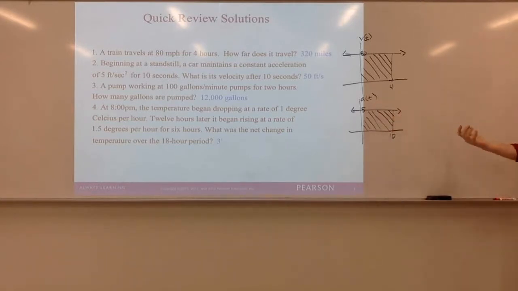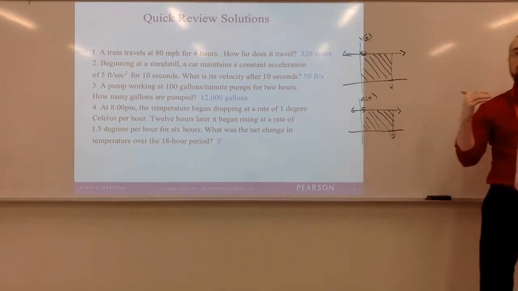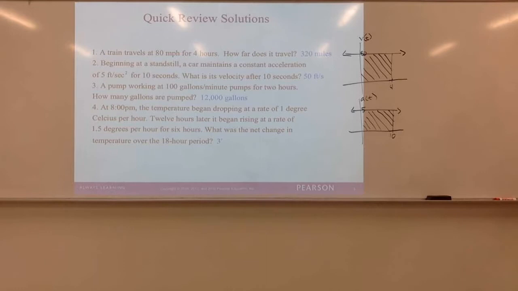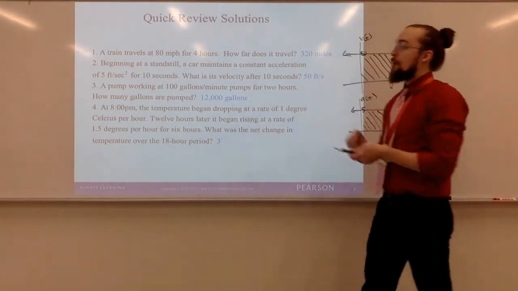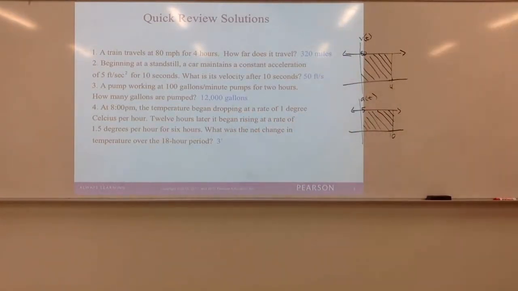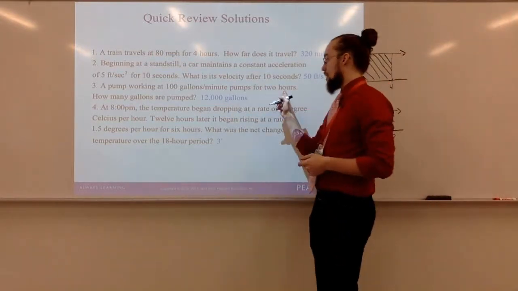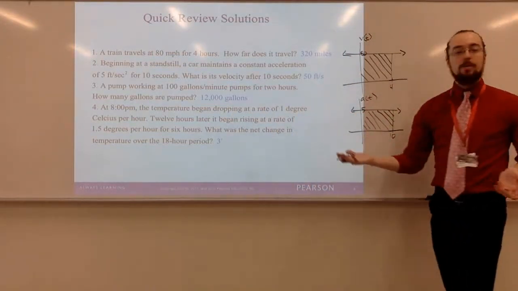Similarly, if I have an acceleration curve and I find the area under that curve for a specified amount of time, I have found its change in velocity. All right. Same idea for number 3. A pump working at 100 gallons per minute pumps for 2 hours. If we want to keep our units the same, this would be 120 minutes.